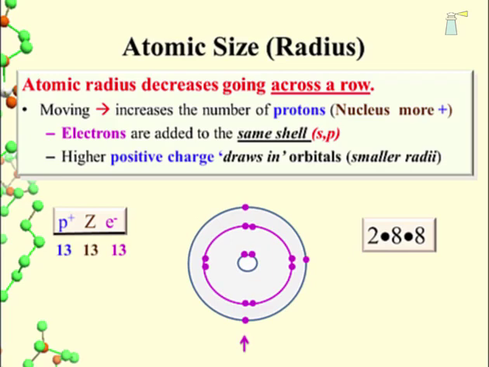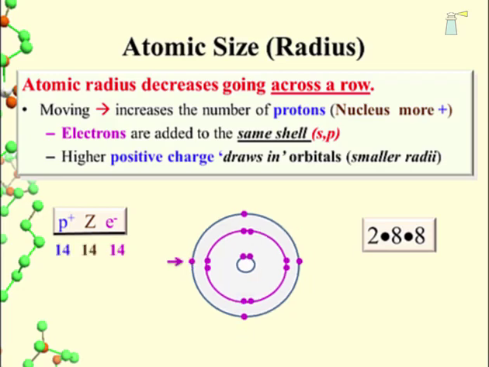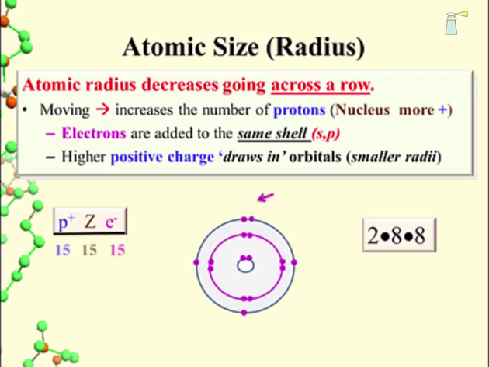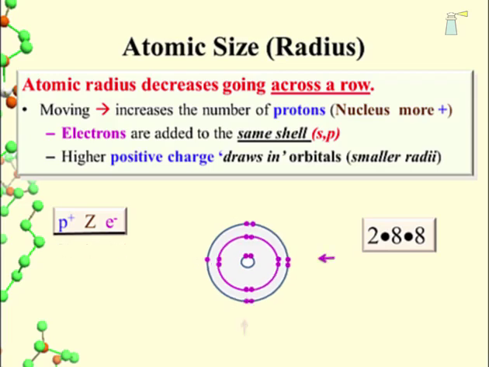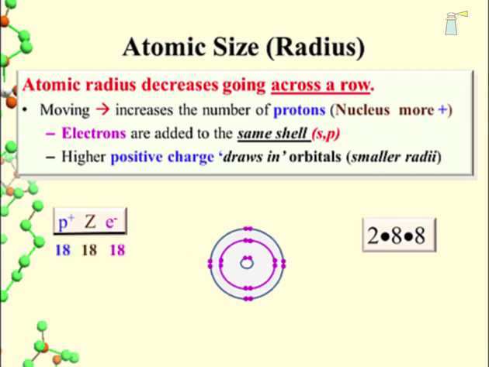Element 13 is aluminum, and its 13th electron is added to the same shell as the 11th and 12th. The larger nuclear charge creates a larger attraction for negatively charged electrons in corresponding shells, and orbitals contract. The same argument can be made for the 14th electron of silicon, as it is for phosphorus's 15th electron, sulfur's 16th electron, chlorine's 17th, and argon's 18th.